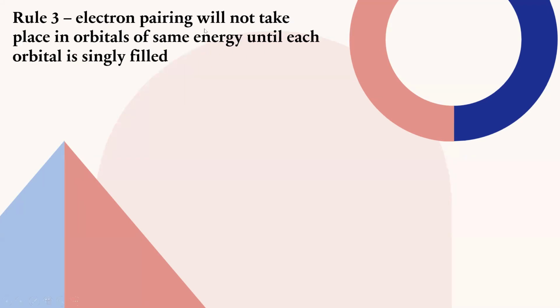Rule 3 states that electron pairing will not take place in orbitals of the same energy until each orbital is singly filled. Now what does it mean? Let us take the example of the p orbital. Suppose I have to fill 4 electrons. How to fill 4 electrons?